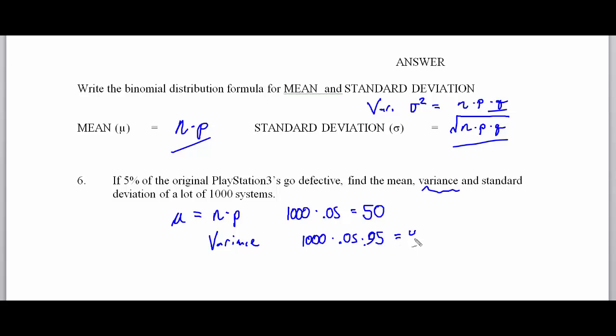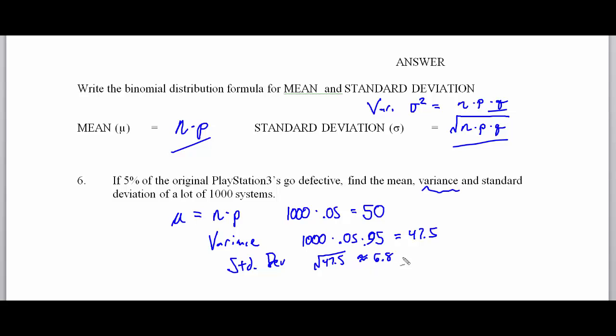And this will give us 47.5, or basically 48 systems. Now we're going to work with the standard deviation, because this is the one we've really hammered in this class. We take the square root of that 47.5, and the square root of 47.5 is like 6.8, close to 7 systems, so approximately 7 systems, or 6.8. It might be 6.9.